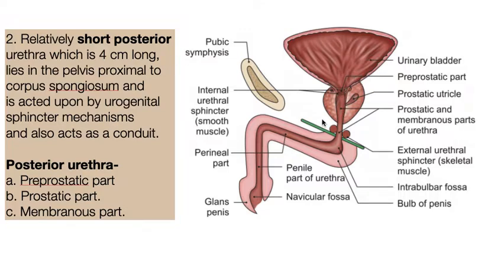Then we have the shorter posterior urethra, about 4 centimeter long, lying in the pelvis, proximal to the corpus spongiosum and acted upon by the urogenital sphincter mechanisms, and also acting like a conduit. The posterior urethra has three parts: the pre-prostatic part, the prostatic part, and the membranous part.